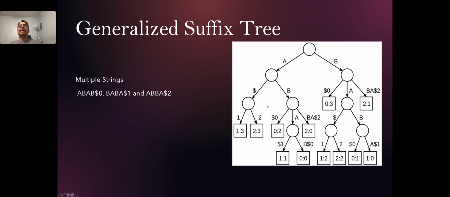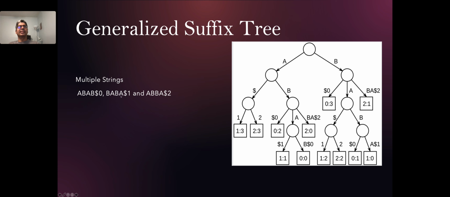Starting from the root, there are some suffixes that start with A. All suffixes that start with A will be on this side of the tree. Then all suffixes that end with A are seen in string 1 and string 2.